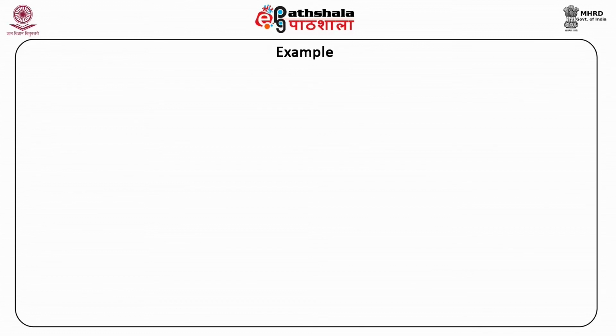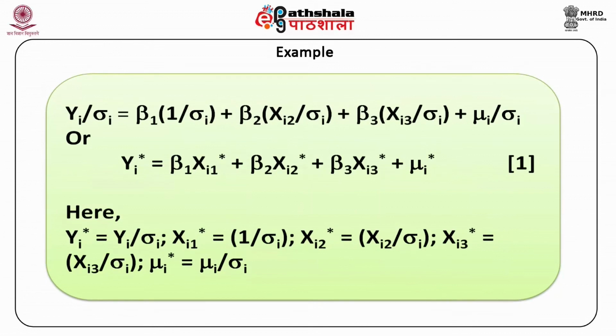This gives the standard deviation of the error. Then divide every term on both sides of the regression equation by this standard deviation of the error, that is sigma_i. This gives the following regression equation with a new transformed model. Equation 1 represents the entire model divided by sigma_i, where sigma_i is the weight.